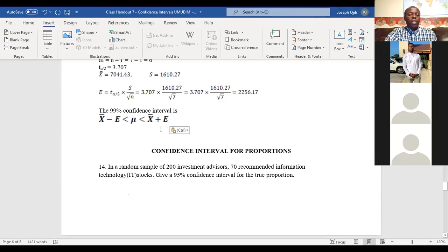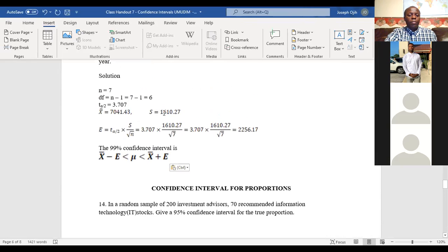X bar is the sample mean of 7041.43, minus error. The error is 2256.17.